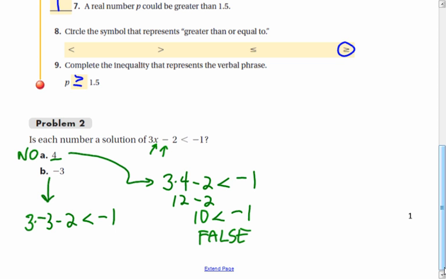So 3 times negative 3 is negative 9, minus 2 is negative 11, and negative 11 is less than negative 1. That's true. Since that's true, negative 3 is a solution. So negative 3 is a yes, 4 is a no for solutions.